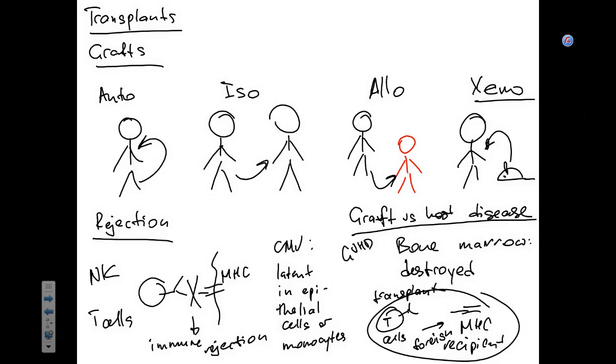Well, the last thing to talk about is immunodeficiencies. So far we talked about hypersensitivities, the immune system being hyperactive. Now we're going to talk about the immune system being not active.